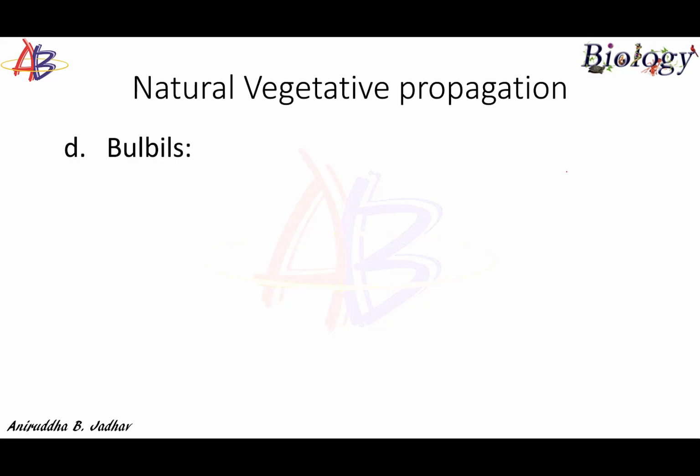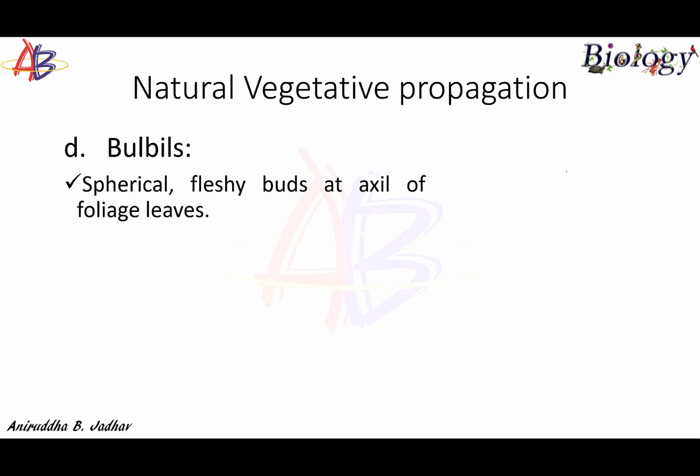The next type is bulbils. Bulbils are spherical multicellular structures produced in the axil of foliage leaves. These large-sized fleshy buds are specialized for vegetative reproduction in several plants.